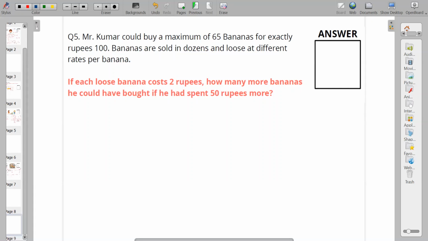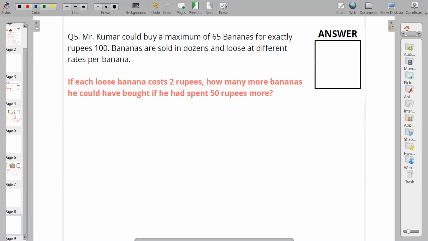Each loose banana costs 2 rupees. 65 bananas, 100 rupees.